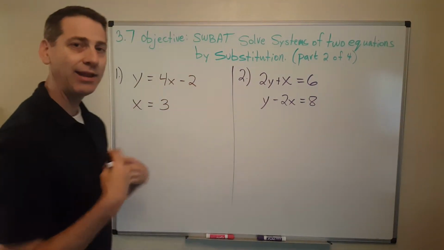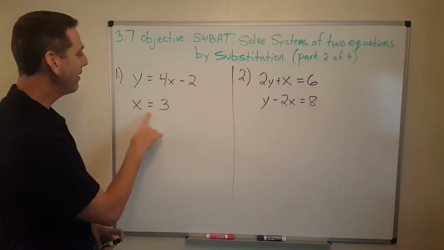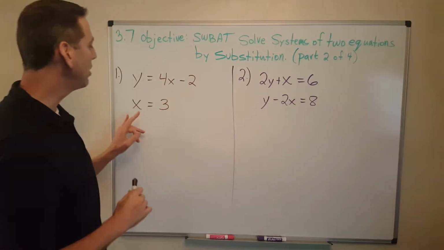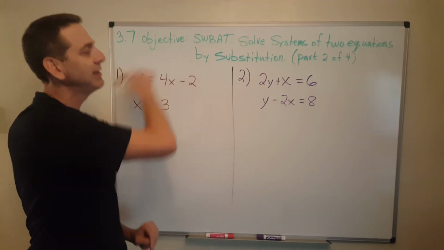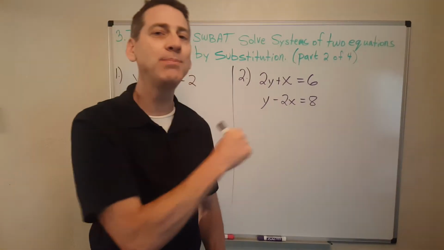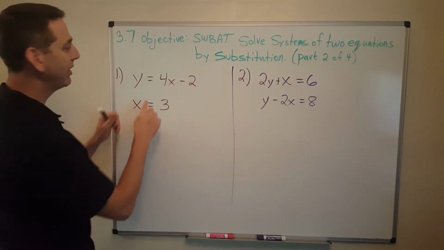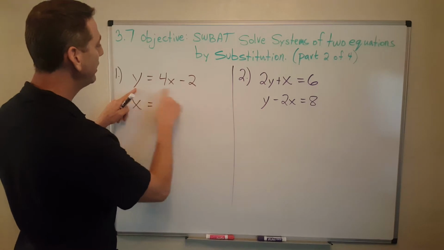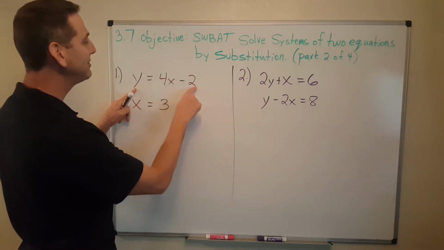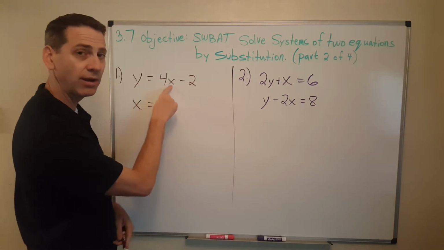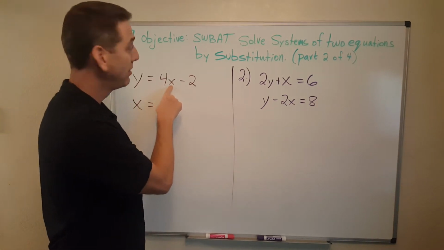See how I have x equals 3? That means everywhere I see an x in this system, I can substitute it with 3. In this top equation, that x right there is really a 3.